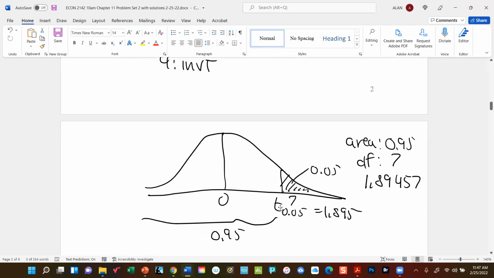And of course, 7 degrees of freedom, as you can see over here, and it's going to come back with a number of approximately 1.895. If you put in an area 0.05, it'll come back with negative 1.89457, which means you just got it backwards. The number you actually want is positive 1.895. Anything above that would be considered to be a rejection of the null hypothesis.